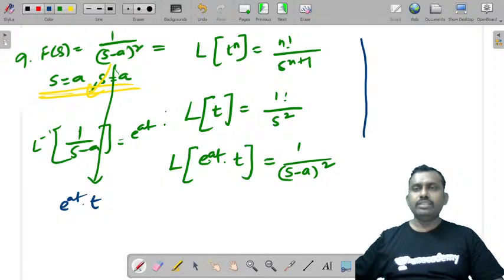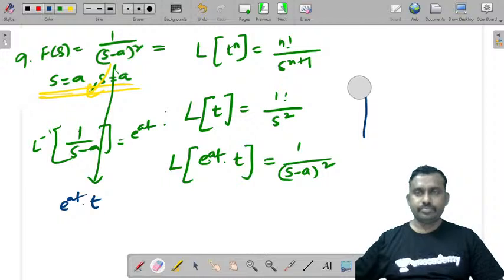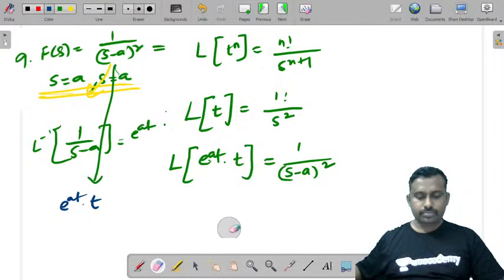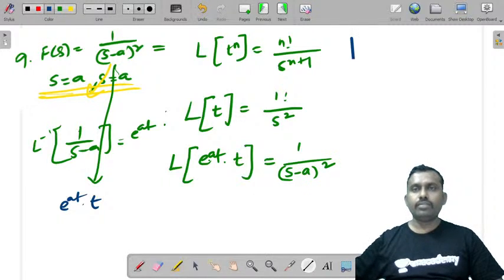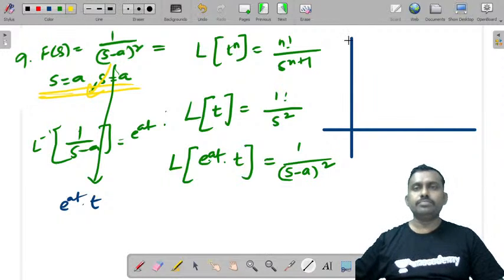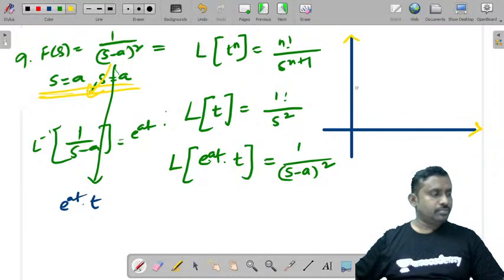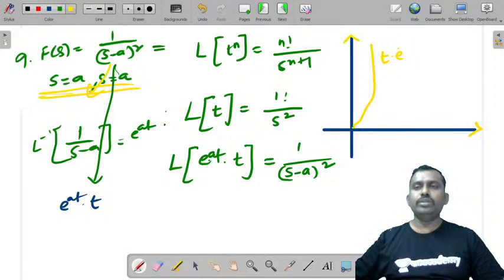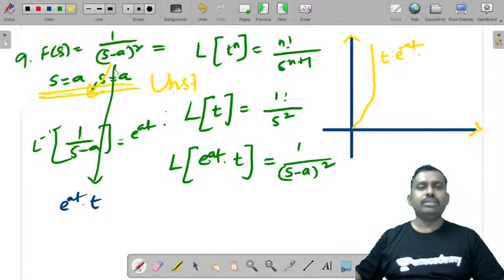Now, if you try to plot this response, you get t into e power at, a response something like this, which is t into e power minus at, t into e power plus at. It's an increasing exponential function, which is an unstable system.